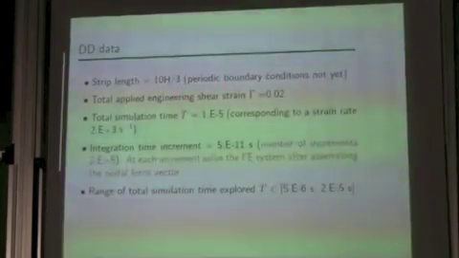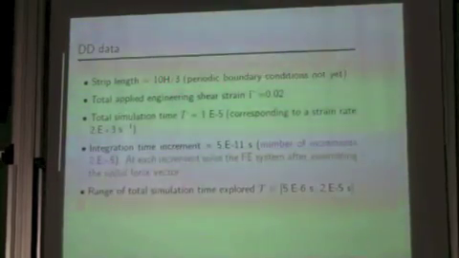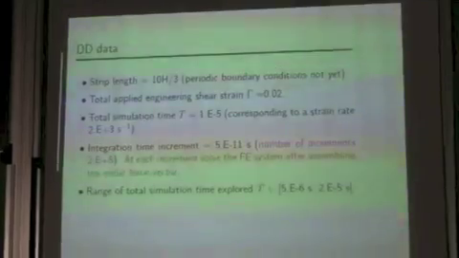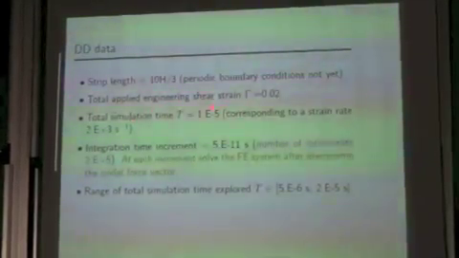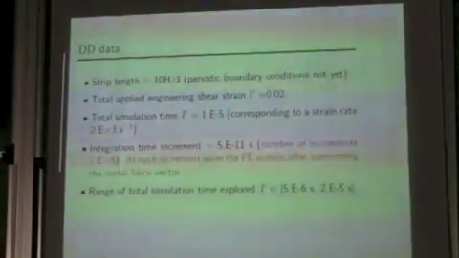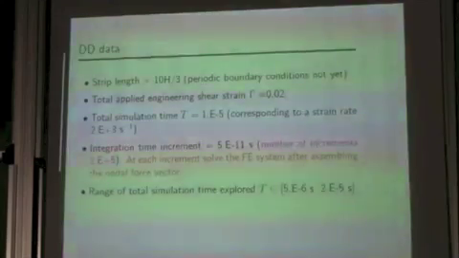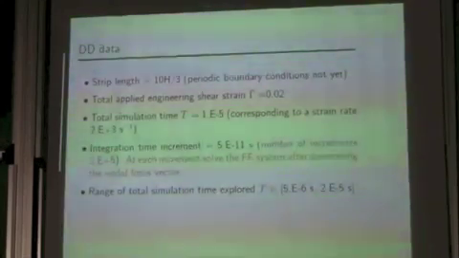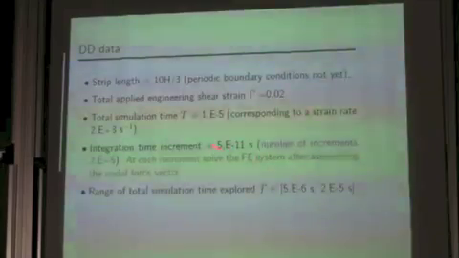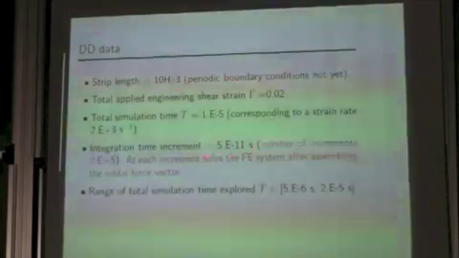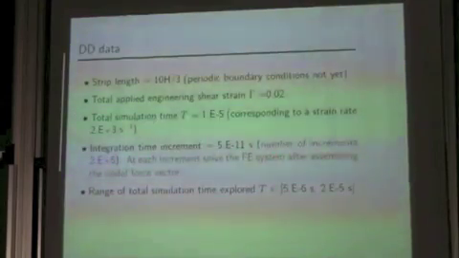Anyway, this is enough to get rid of the boundary effect on the vertical edge of this strip. We applied a total engineering shear strain of 2%, and you see the analysis must be very fast because of the physical meaning of the drag coefficient and so on, so the time is very small, and each analysis consists of 200,000 increments.